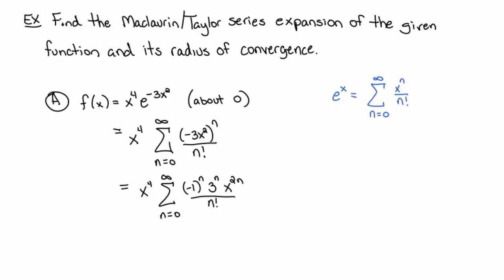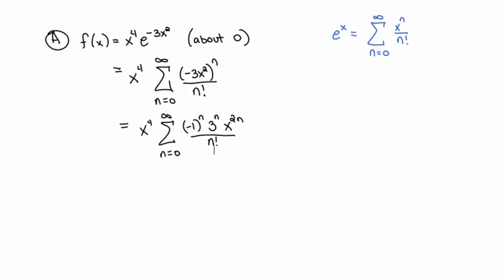It actually allows us to see some patterns, like this is an alternating series, that type of thing. And finally, bring in the x to the fourth. So the summation n equals 0 to infinity, negative 1 to the nth, 3 to the n, and then we have x to the 2n plus 4, adding 2 to the power there, all over n factorial.